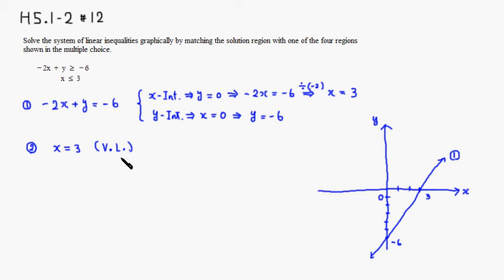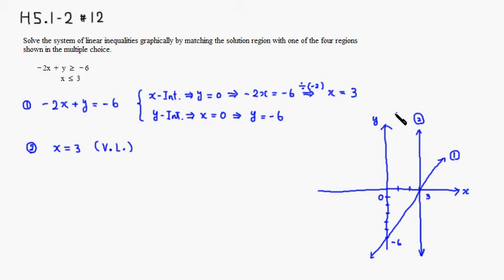So this is fairly easy to sketch. It's going to be a vertical line through x equals 3, so here. So that's our borderline.